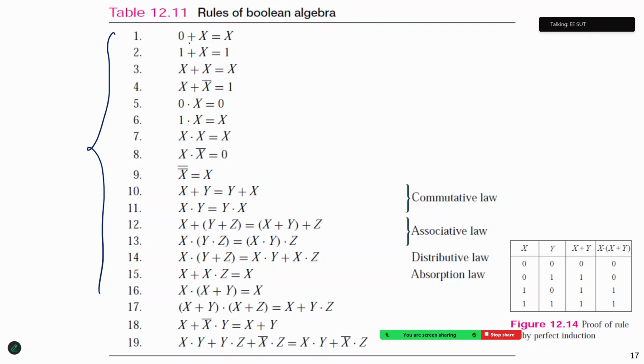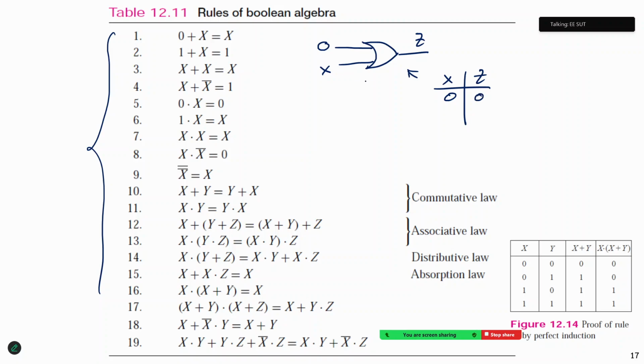Like 0 or x is equal to x. So if we have an OR gate with one input exactly 0, and x comes in, what is the output? If x is 0, the output will be 0.